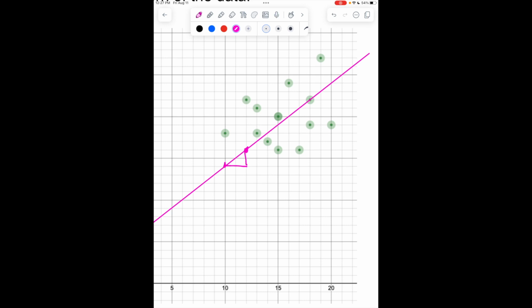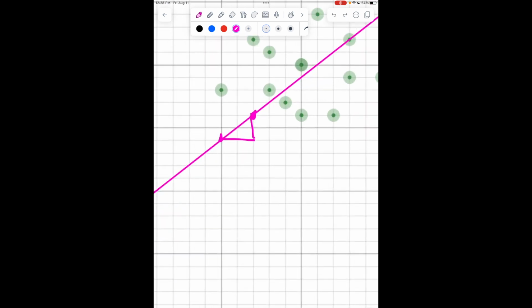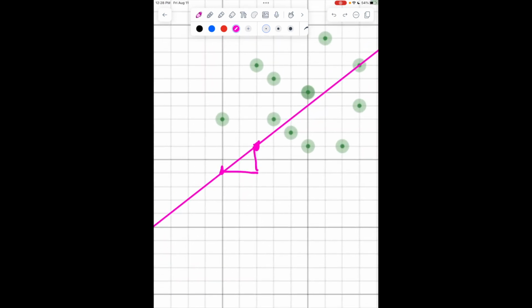Then I'm just going to count what my rise is and what my run is. On this particular graph, it is a 1-to-1. So each of these lines is 1. So this is going to be a positive 2.